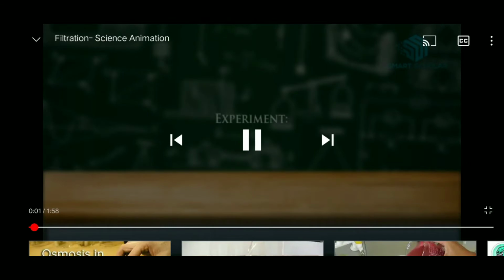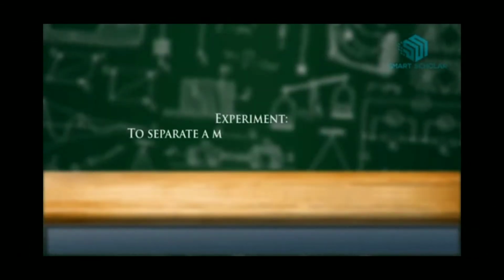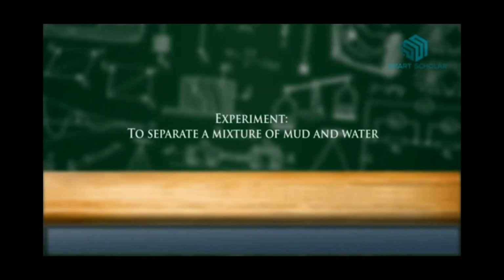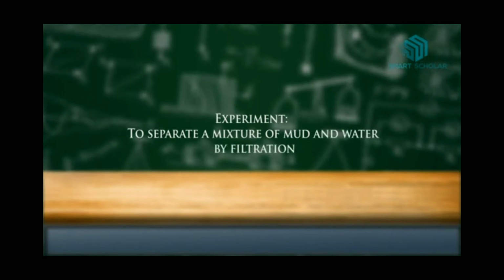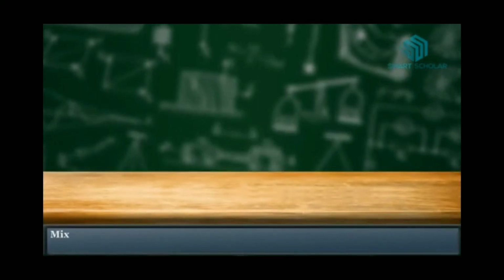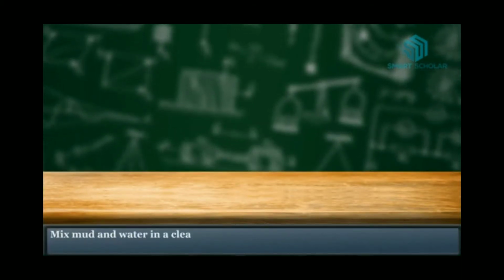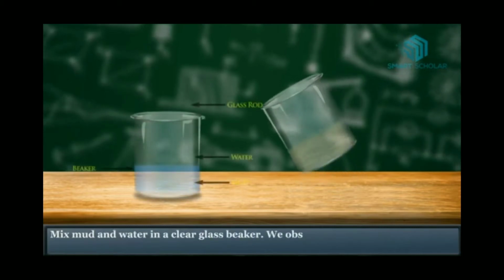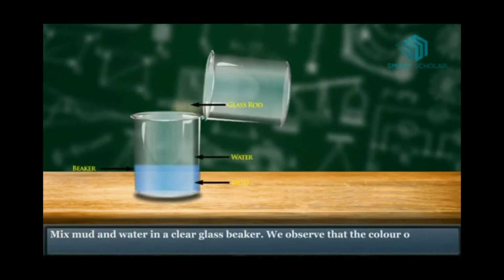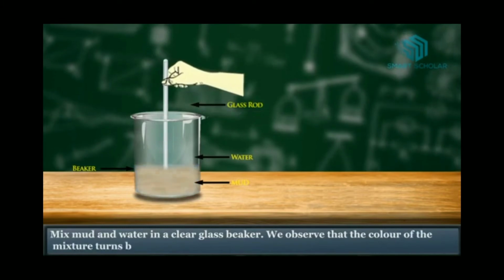Experiment to separate a mixture of mud and water by filtration. Mix mud and water in a clear glass beaker. We observe that the color of the mixture turns brown.